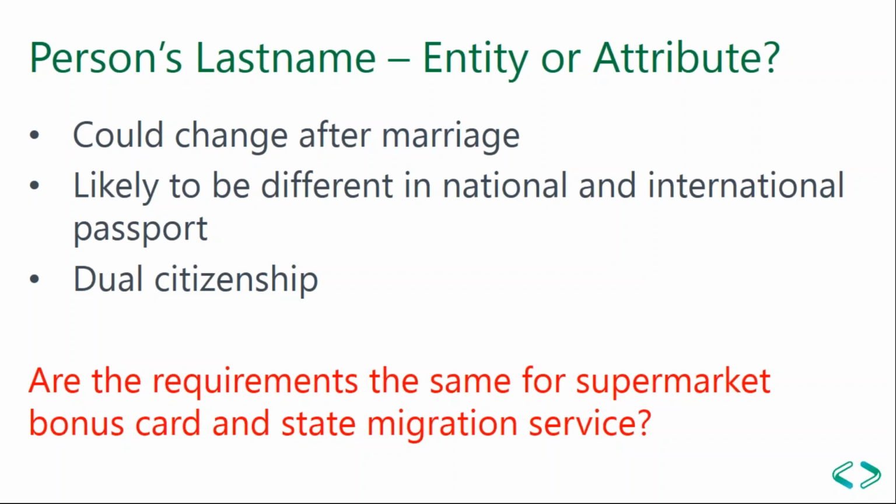I heard there are situations when one and the same person has one name in one country and another name in another country because he has dual citizenship. So which of three types can be implemented here? Entity, attribute with history, or just an attribute?